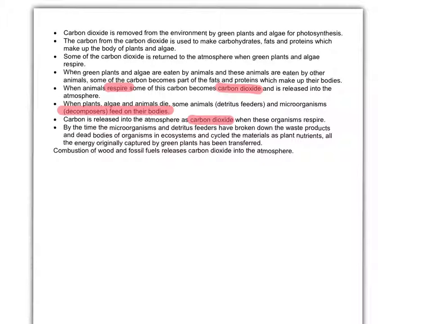Something that wasn't on the diagram is the release of carbon dioxide through combustion or burning. We said that carbon dioxide is removed from the environment by photosynthesis. The carbon dioxide that is used in photosynthesis is actually used by the plants to make carbohydrates, fats and proteins which make up the body of plants and algae.